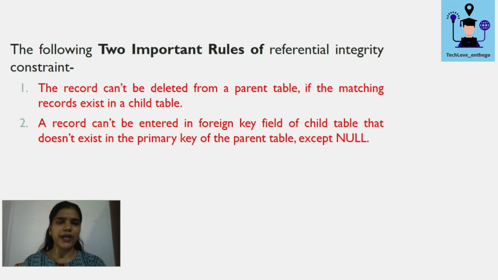Rule two: a record cannot be entered in the foreign key field of the child table that doesn't exist in the primary key of the parent table, except null. So if there is no record in the primary key, then you cannot insert the value in the child table. First you need to insert the value in the parent table's primary key field. After that you can insert that value in the foreign key field in the child table. Except for null values, which you can put in the foreign key column.